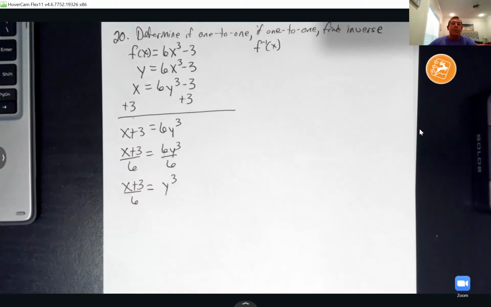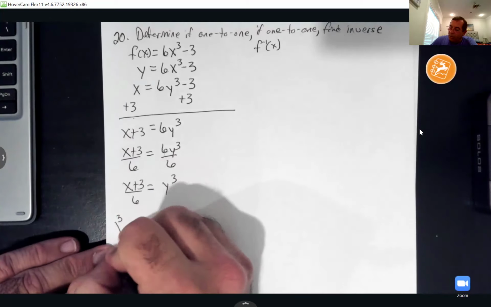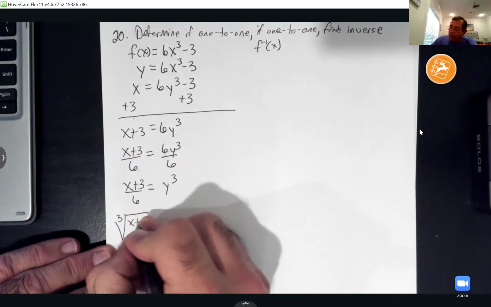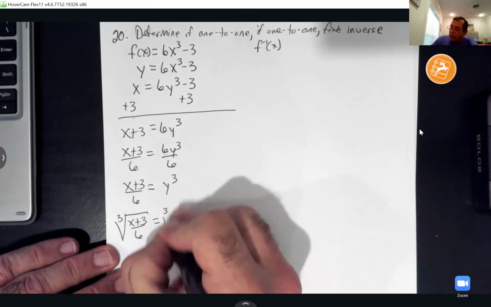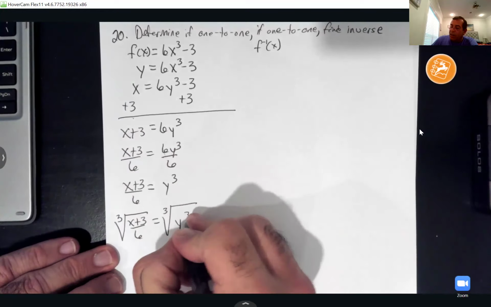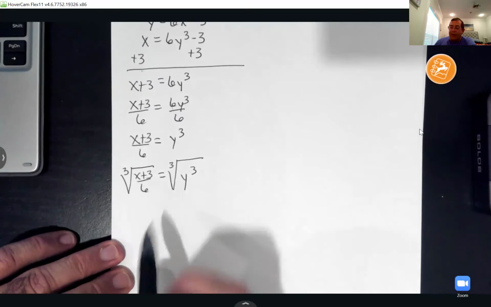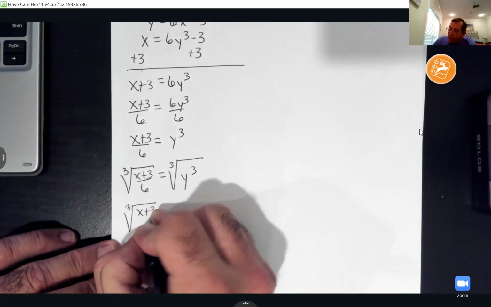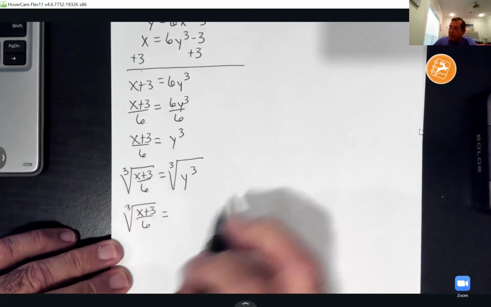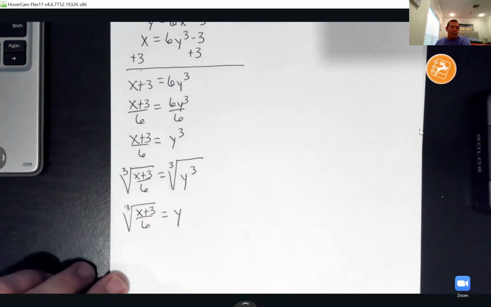And remember, to undo exponents, we do cube roots. So the cube root of x plus 3 over 6 equals the cube root of y cubed. We can't do anything with that. So we're ending up with a cube root of x plus 3 over 6. And then remember, the cube root of y cubed is a y.